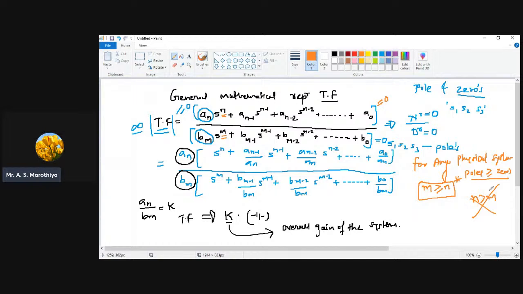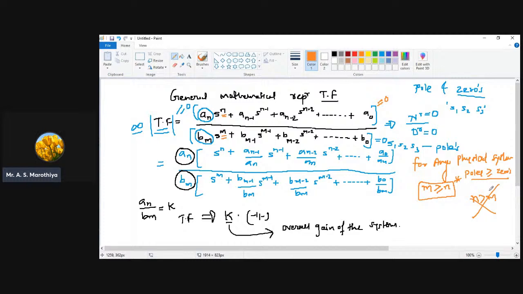I hope this point is clear to everyone, what exactly a pole is, what exactly a zero is, and how to find poles and zeros from the transfer function. Poles are those complex frequencies where the magnitude of the transfer function is going to be infinite.